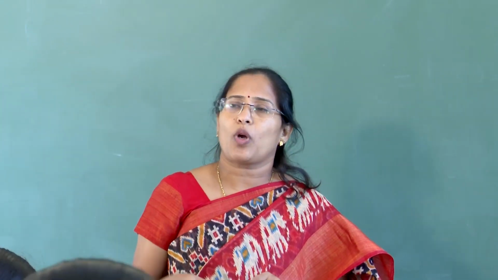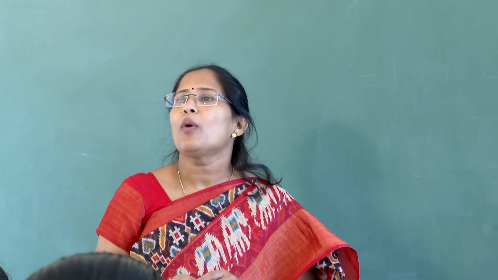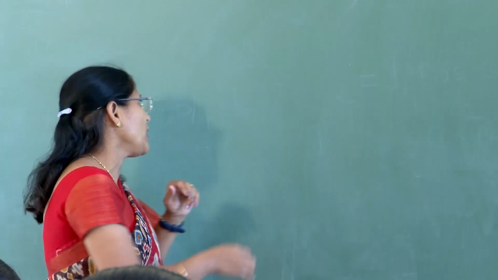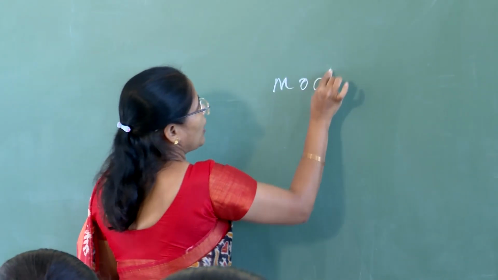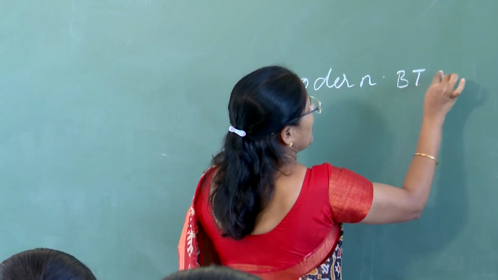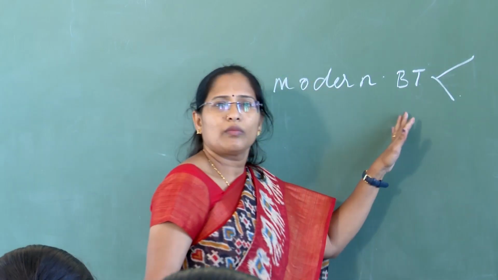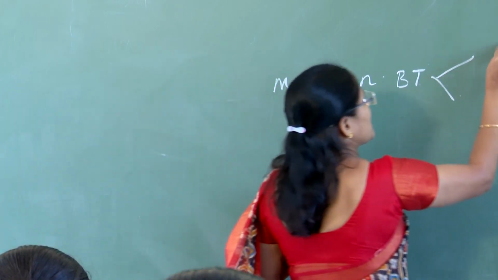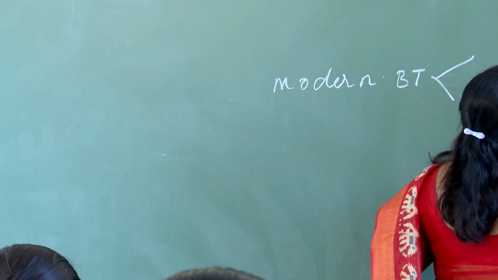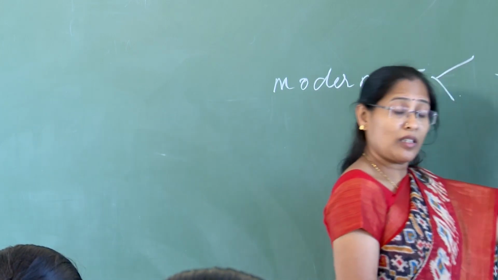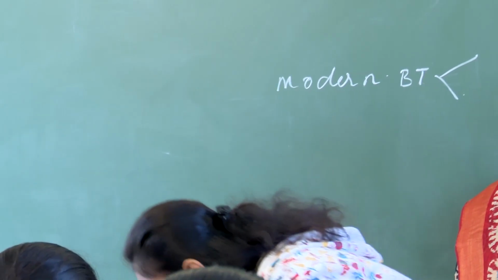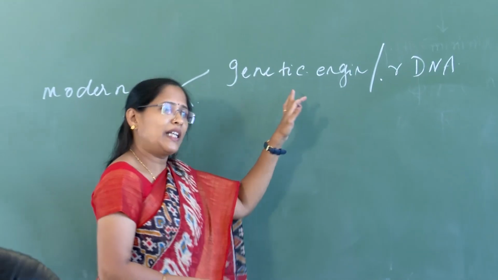So in today's class, what we are going to study is modern biotechnology. In modern biotechnology, what are the two major phases or steps which are involved? Yes, good. It is genetic engineering, which I can even write as development of rDNA, that is recombinant DNA.